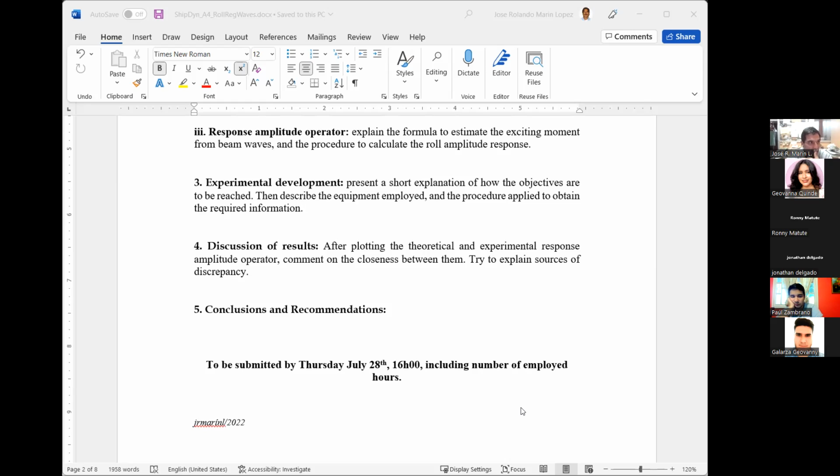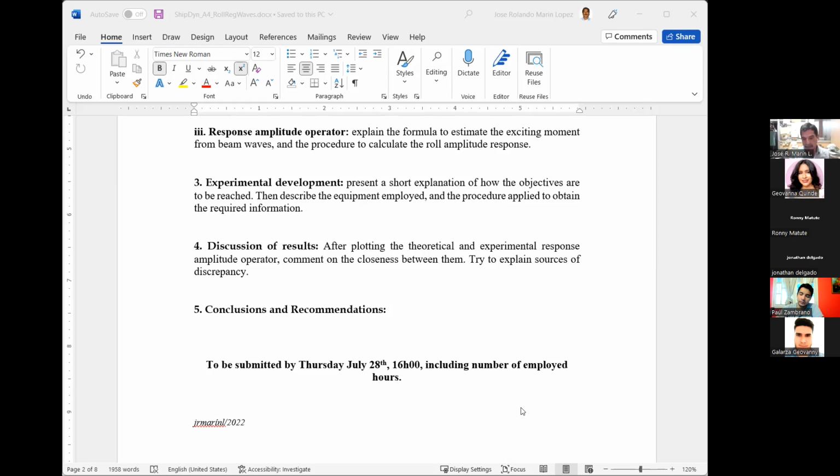Go on. Try to explain source of discrepancy. It is possible that there could be some discrepancies. Let's try to see if we can explain the source of these discrepancies.